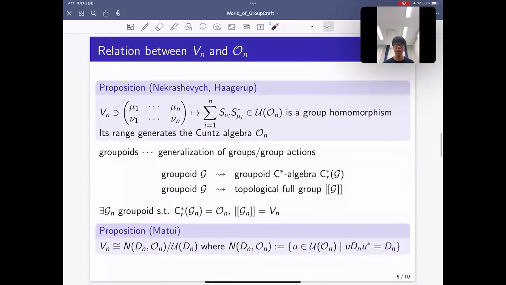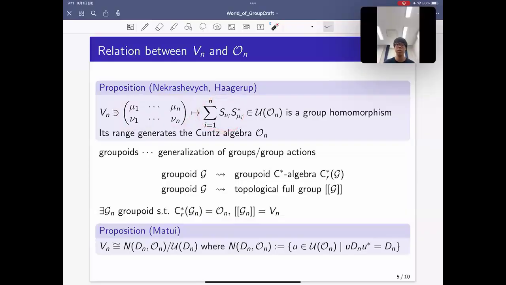And here is a deep relation between the Higman-Thompson group and the Cuntz algebra. First, Nekrashevych observed that there is a nice group homomorphism from the Higman-Thompson group to the Cuntz algebra. This is a concrete form of an element of the Higman-Thompson group, and it is sent to this form of element.